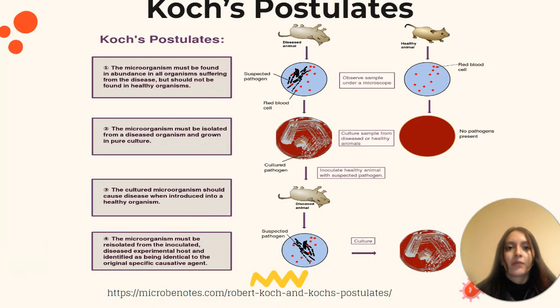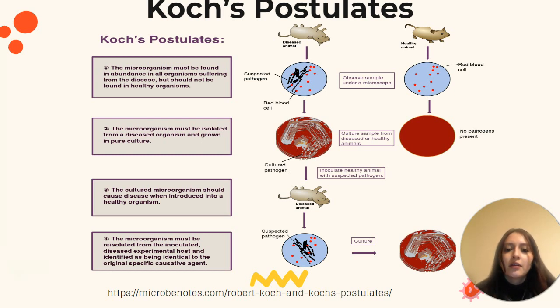response. So we've discussed Koch's postulates in class before, but I figured that it was worth mentioning since Koch did use and studied Bacillus anthracis to develop his postulates. A little reminder of how that went down.